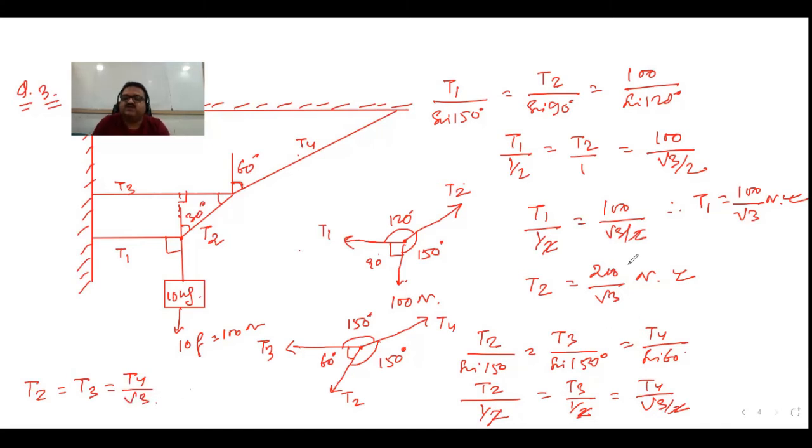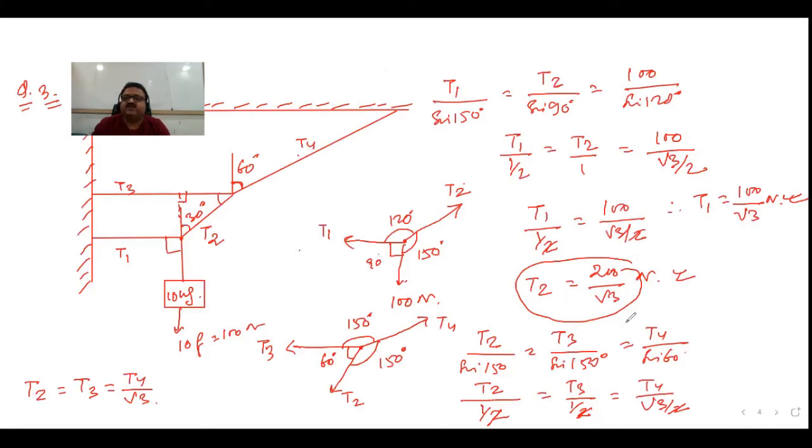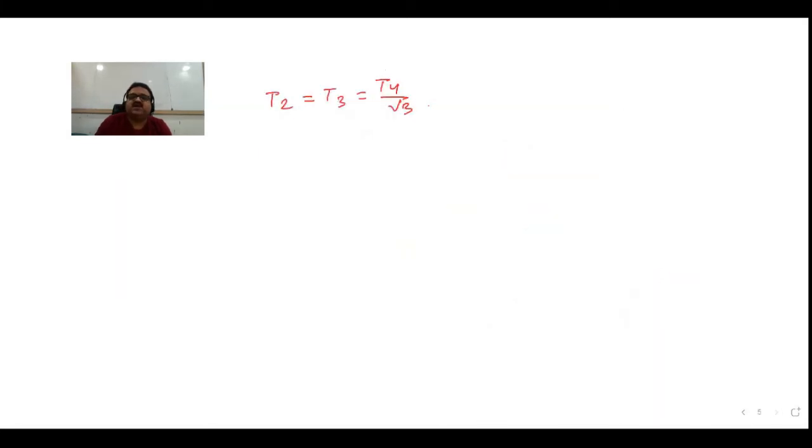So we can write it like this: T2 is equal to T3 is equal to T4 by root 3. Now T2 is known to us, that is 200 by root 3. So T2 is equal to 200 by root 3, therefore T3 is equal to 200 by root 3 Newton.